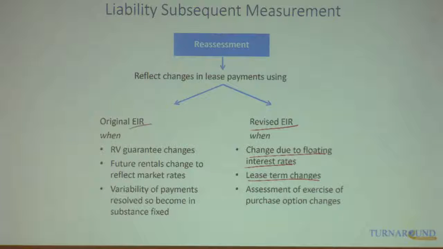We use the original effective rate when it's a fixed rate. So if the lease payments change because they're linked to the interest rates, then you use the revised rate. If the lease payments don't change, then you use the fixed rate.